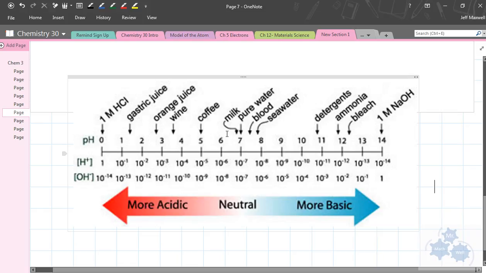So milk and blood are pretty close to being neutral, slightly acidic or slightly basic. It's interesting to note that milk is slightly acidic. I don't know if you would have guessed that. You thought milk was basic. Why would you think that? I would think that too. Do we ever use milk to counteract acid? You think that acid and base would be opposite, right?